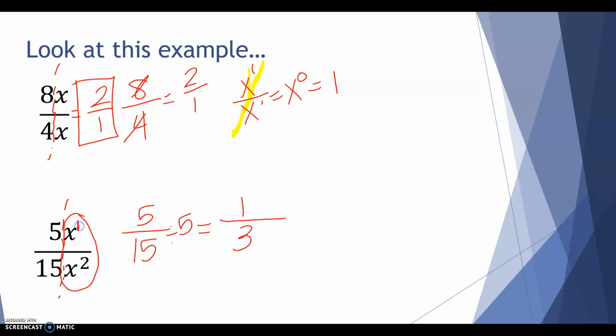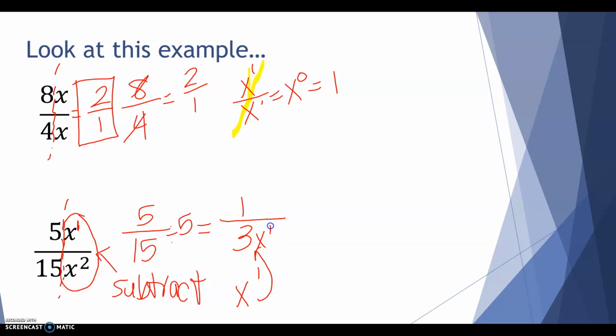You have x to the first over x squared. If you subtract your exponents, which is the property that you learned yesterday, you're going to get x to the first.